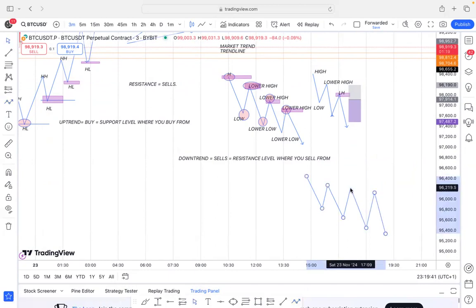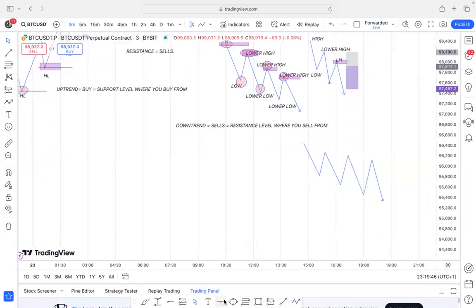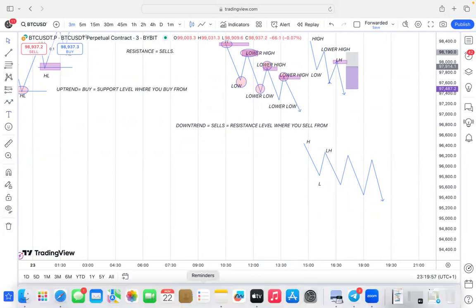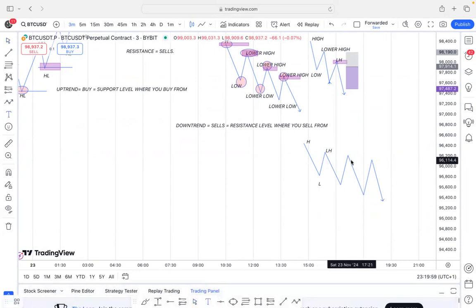Now we know that these points are our high, low, lower high, lower low, lower high, lower low, lower high, and this will be our new lower low.